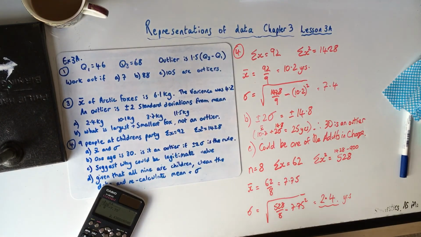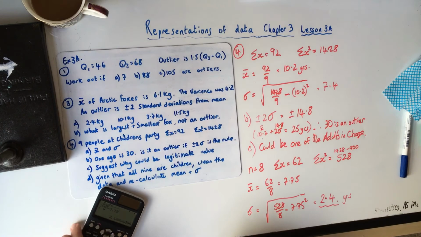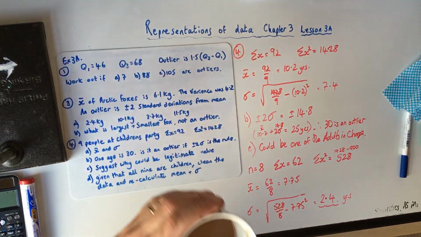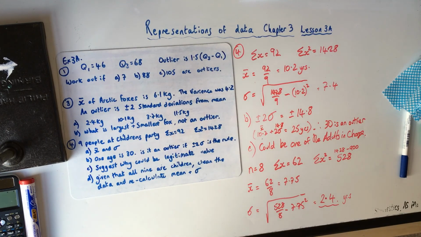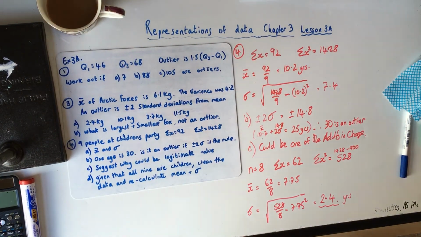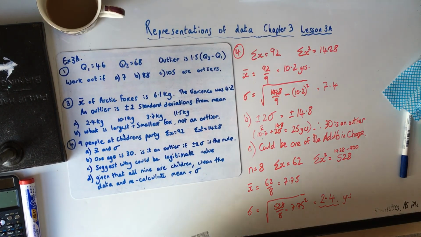So an outlier really is any child that's over double that, 4.8 added on, just over 11, 12 years old, not 25 years old. So that's the effect that dirty bit of data had on our results. Okay, but we cleaned it up, we're all good. Okay, so that was just exercise 3A.